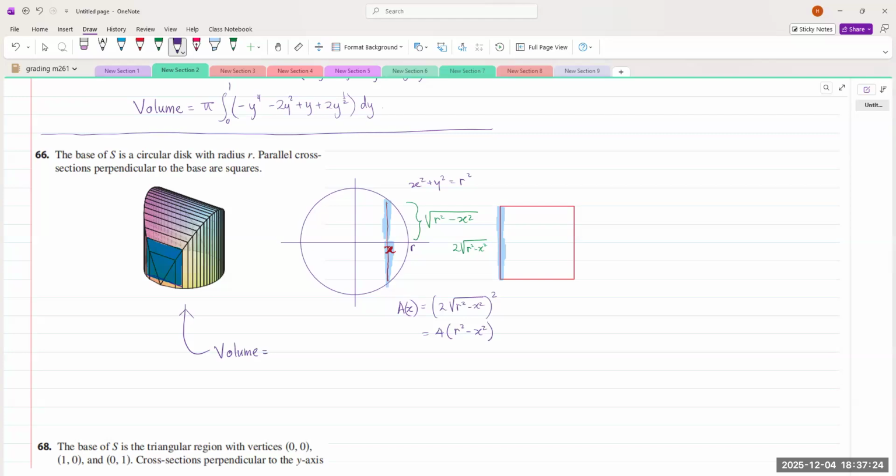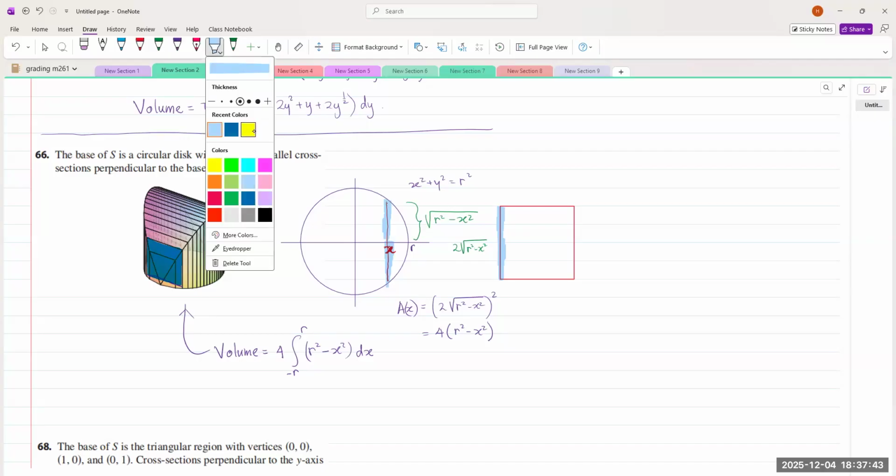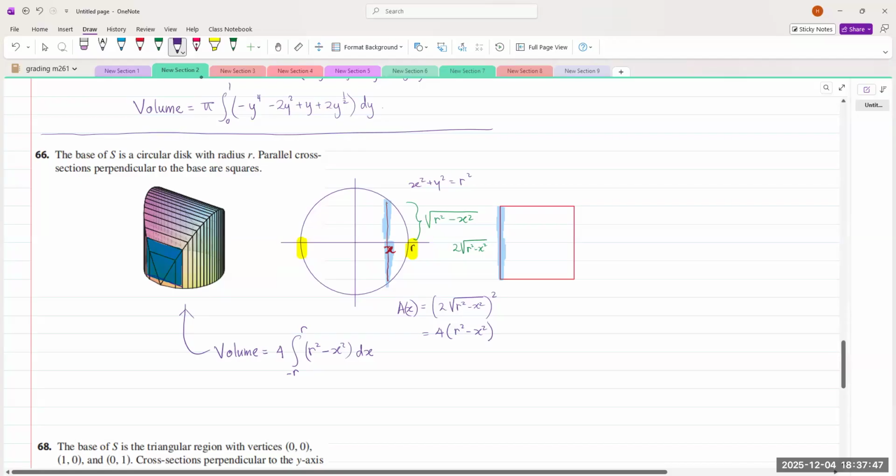It will be 4 times the integral of r squared minus x squared, that's the area function of the square, from negative r to positive r. Because the domain of integration starts from here to there.